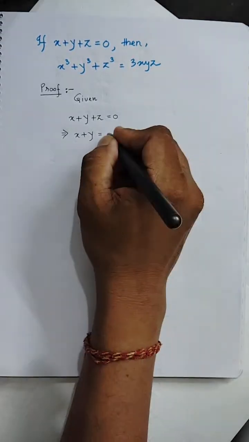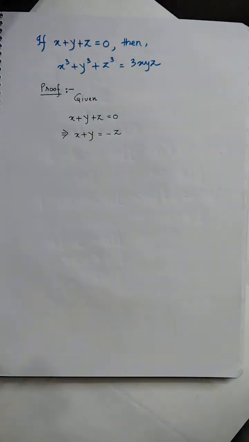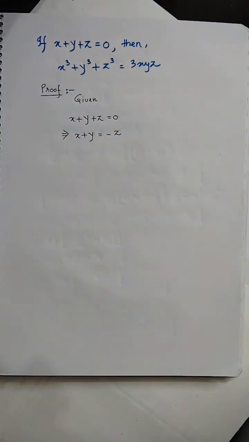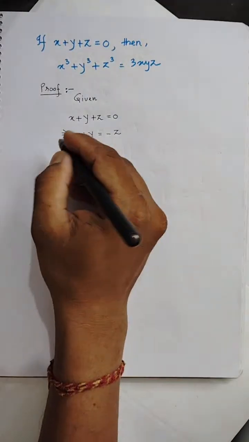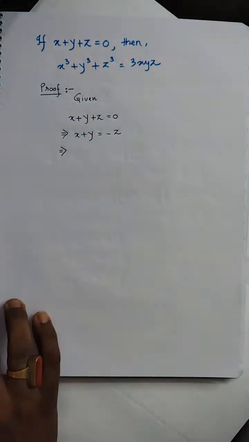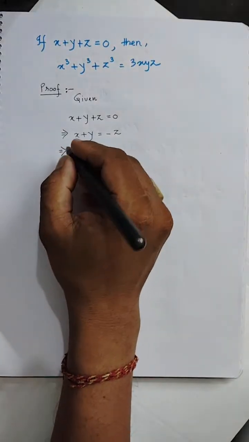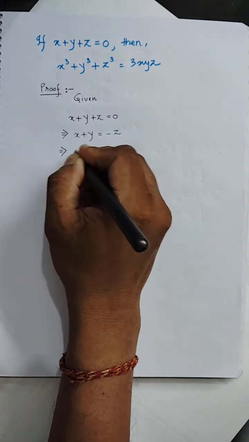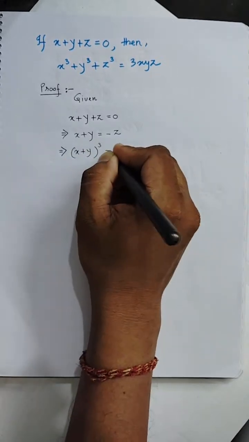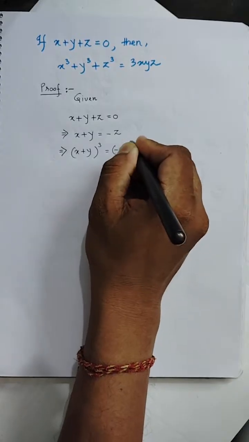So this becomes minus z. Okay, now what we can do, we can cube both the LHS and RHS, left hand side and the right hand side. So then this will become x plus y whole cube and minus z whole cube.